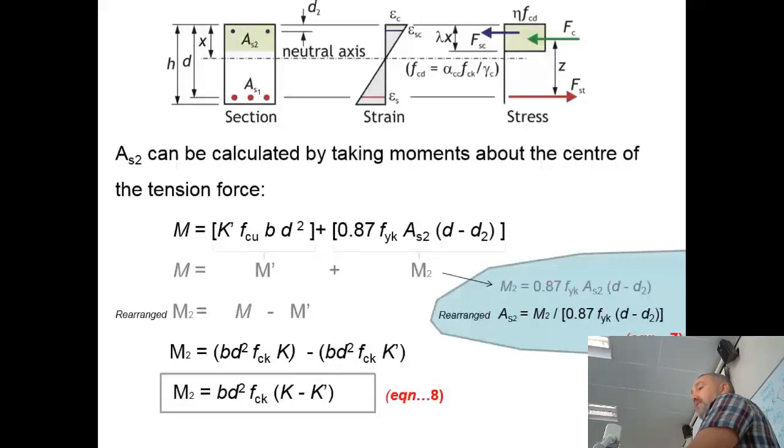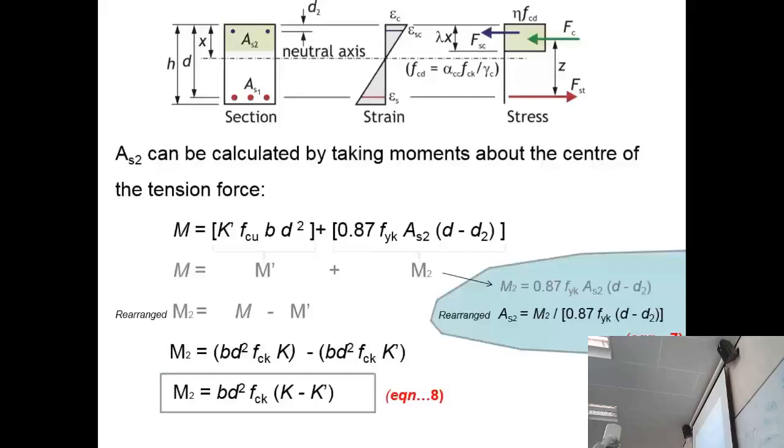The way that we design it to explain just this bit here. The way that we design singly or doubly is that we work out what the moment is that's being applied.